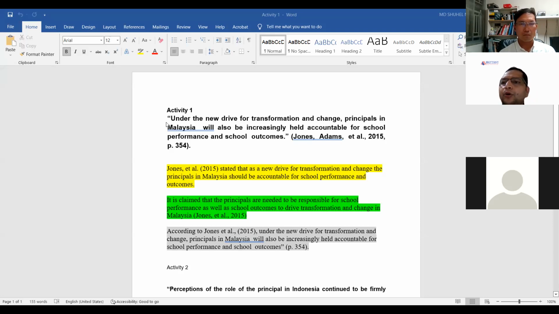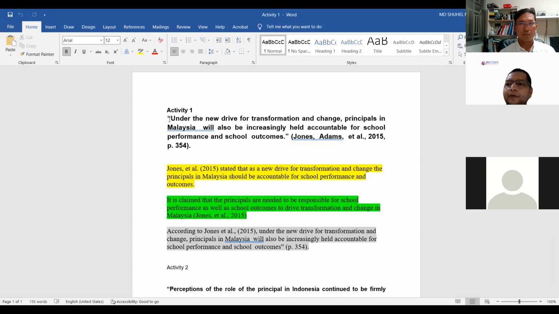When the writers are three or more for one article, we put et al. When a paragraph is in inverted commas, that means direct quotation. So when you read something, you don't want to put it directly in your thesis. You need to do a kind of paraphrasing.